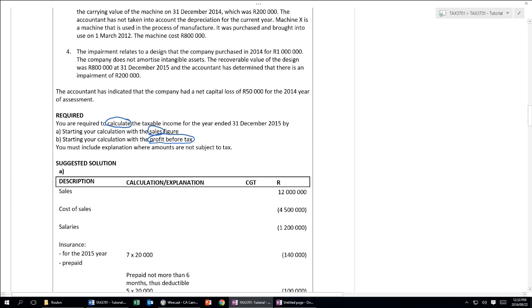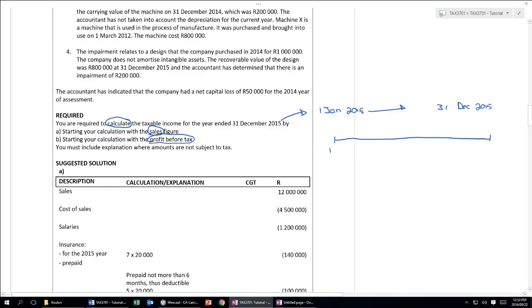Now guys, 31 December 2015, if that is the year-end date, please remember it means the tax year ran from the 1st of January 2015 all the way to the 31st of December 2015. If you sometimes make mistakes when you have to apportion amounts, it might be helpful for you to draw up a timeline.